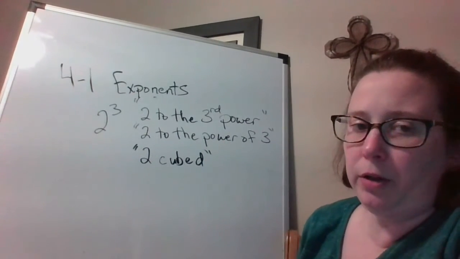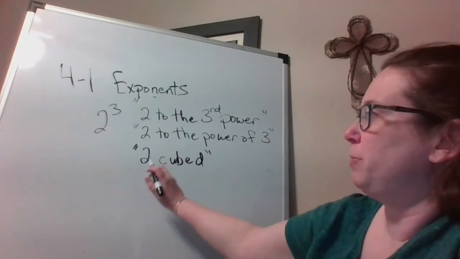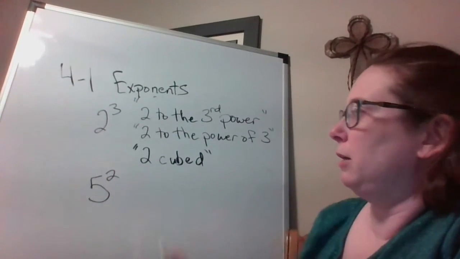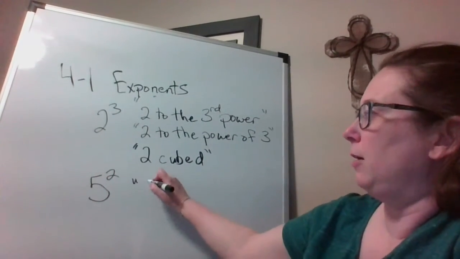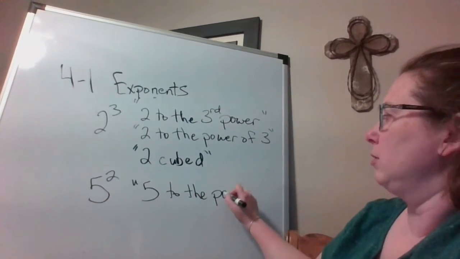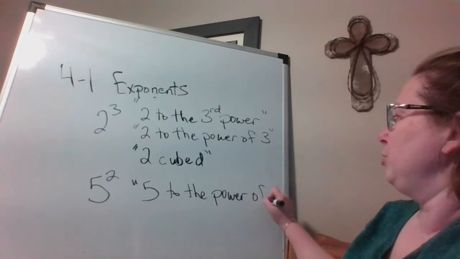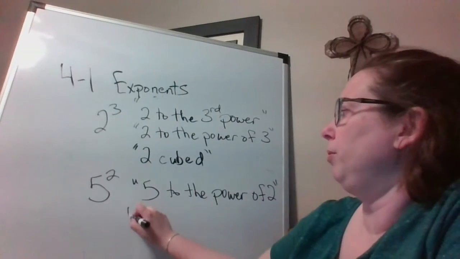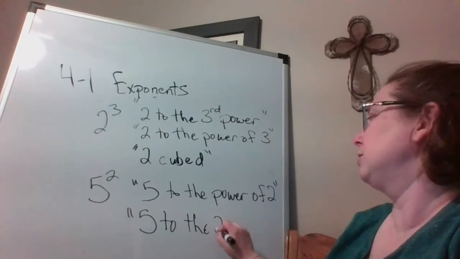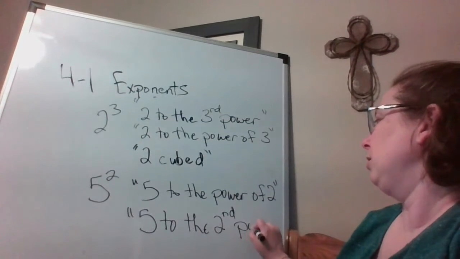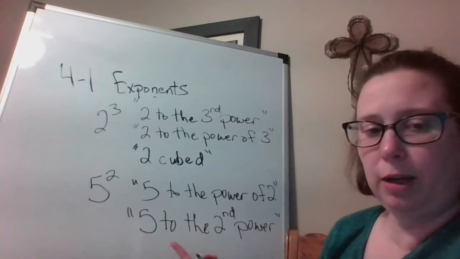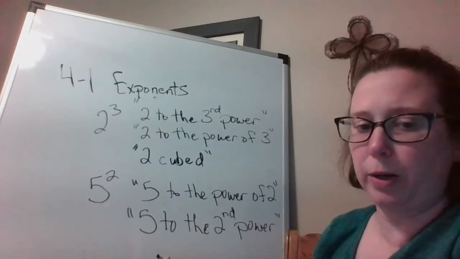The only other exponent that has a special name for it is actually 2. So if we had this, we can say 5 to the power of 2, or we could say 5 to the second power, or finally we can use a special name, which for an exponent of 2 is squared.